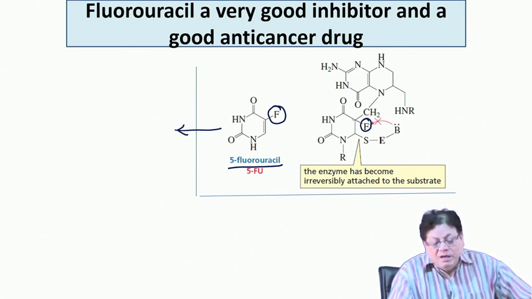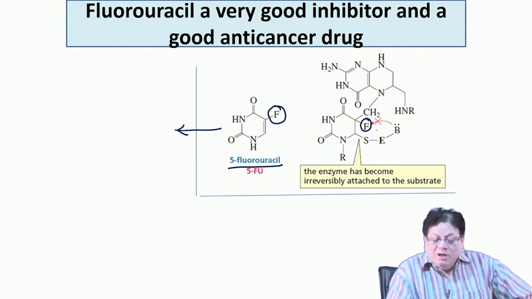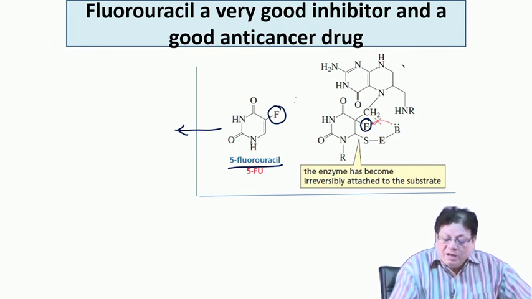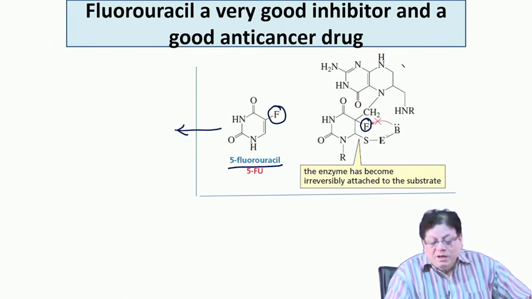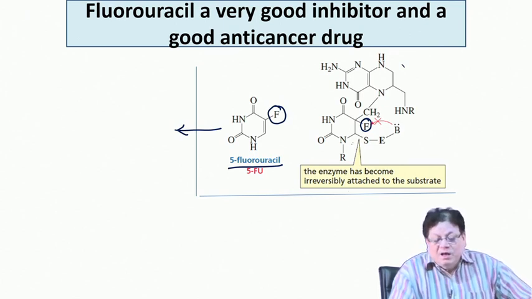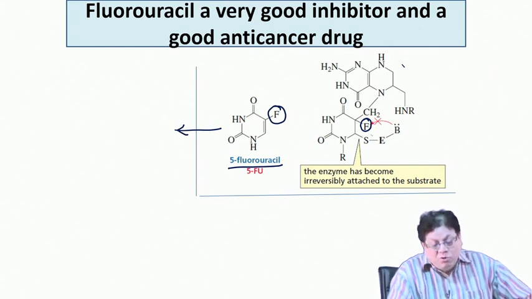Moreover, this carbon fluorine bond is very strong, so it is not possible to release fluorine as F plus, not even as F minus. So the whole thing is stuck at this stage. The enzyme is now covalently linked to the dihydrofolate as the coenzyme.